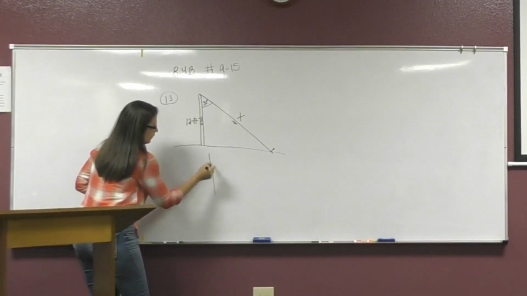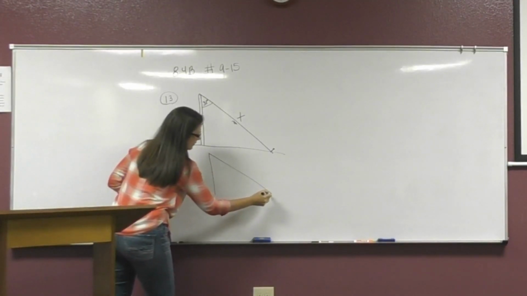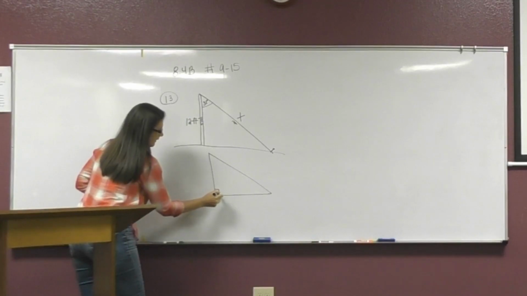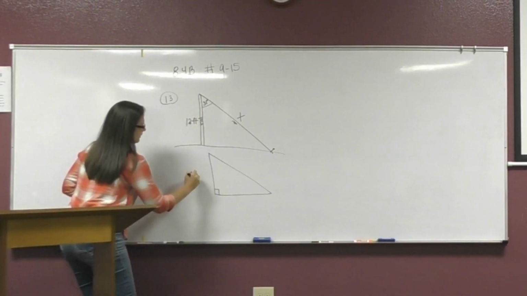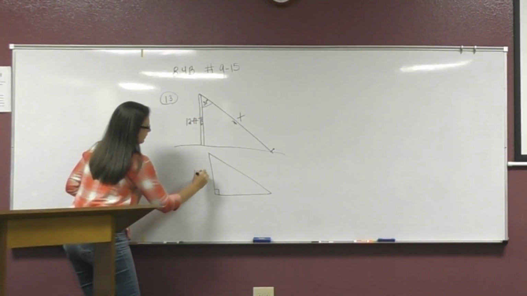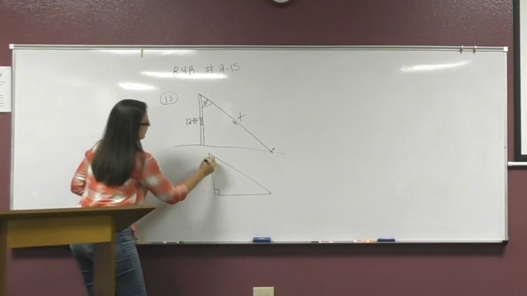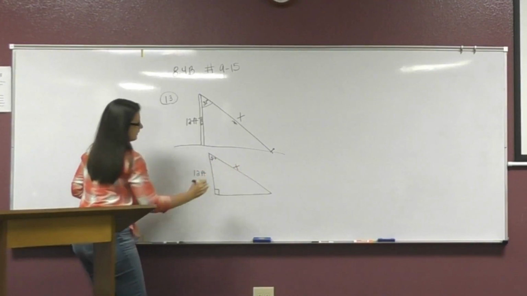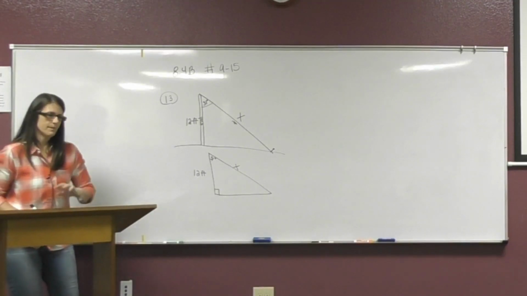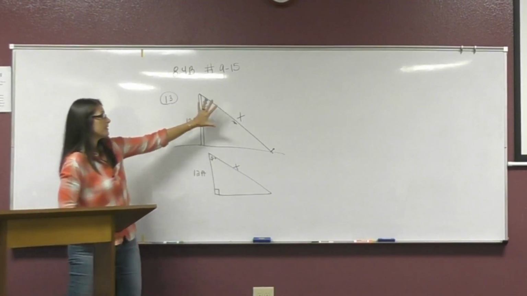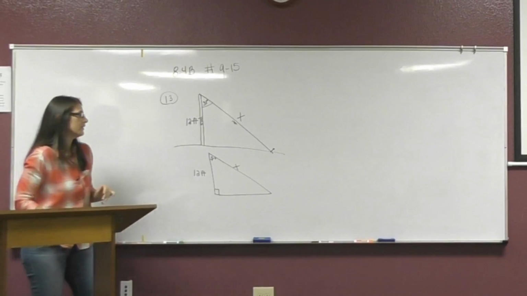So if that's too busy for you and you want to extract a right triangle, that's what it would look like, okay? So if this makes sense to you, if you can see the right triangle on there, that's fine.